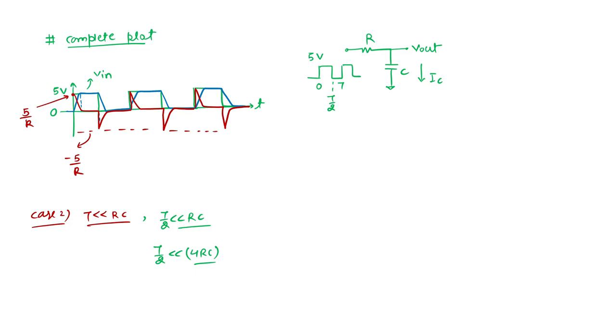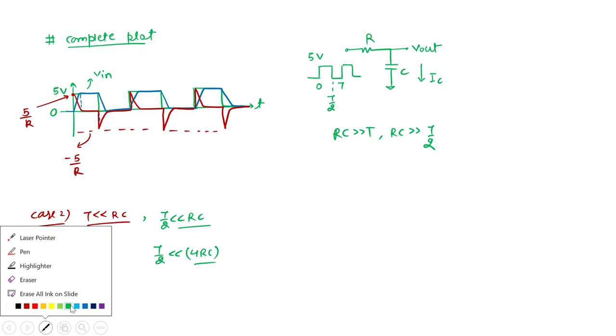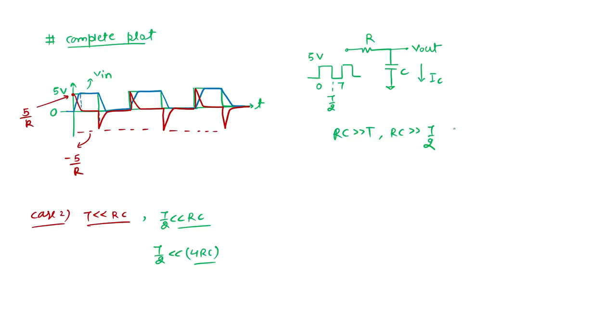So RC is very much greater than T by 2. It simply means the capacitor will not charge in the time given for the charging.